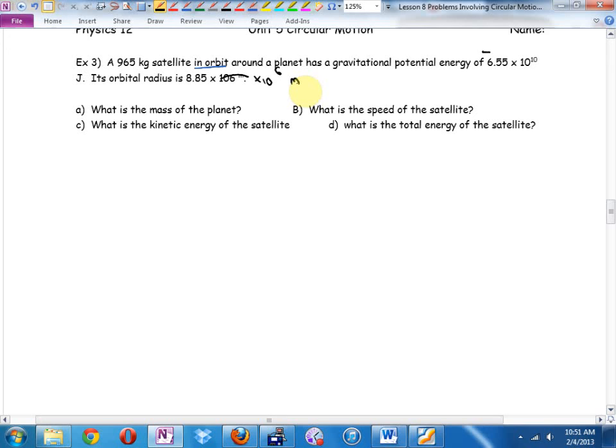And I think our starting point should be the fact that they gave us the gravitational potential energy. So when it says A, find the mass of the planet, I'm going to start out by going, well, right? And I'm going to get the big M by itself.